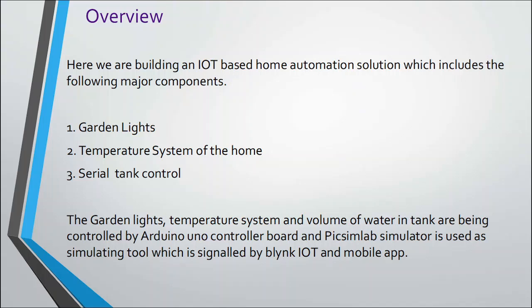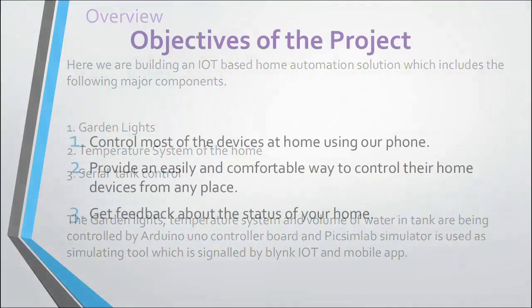Here we use the Arduino Uno controller board as well as the Pixim Lab simulator for simulating these three elements, and we are also using Blynk IoT to send notifications as well as to control these three elements in the mobile app.